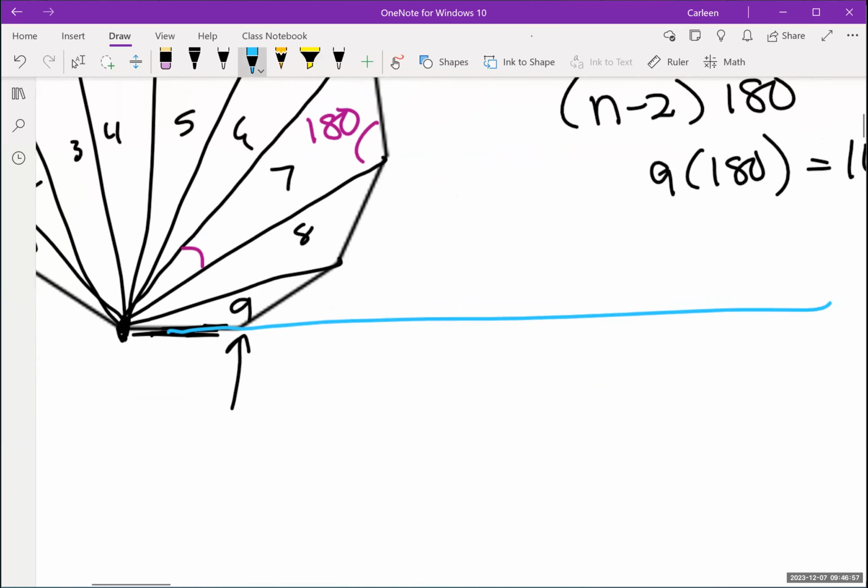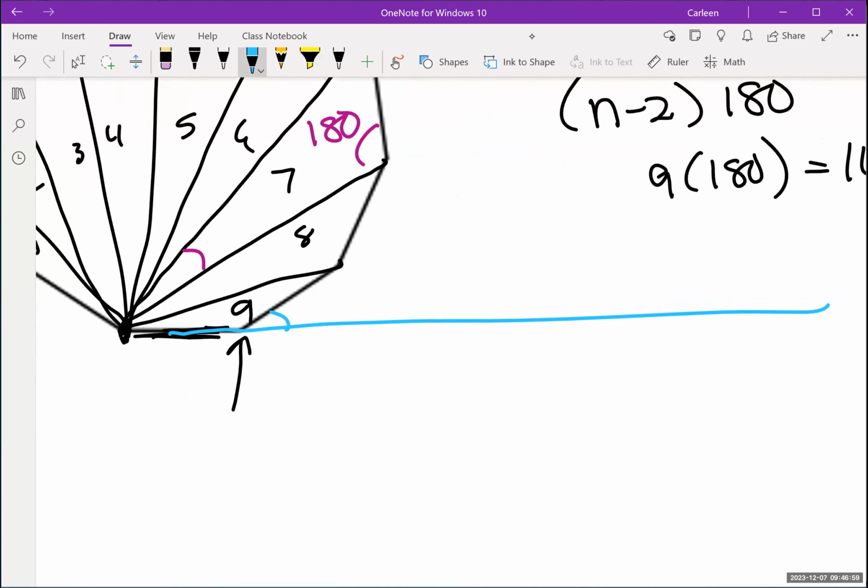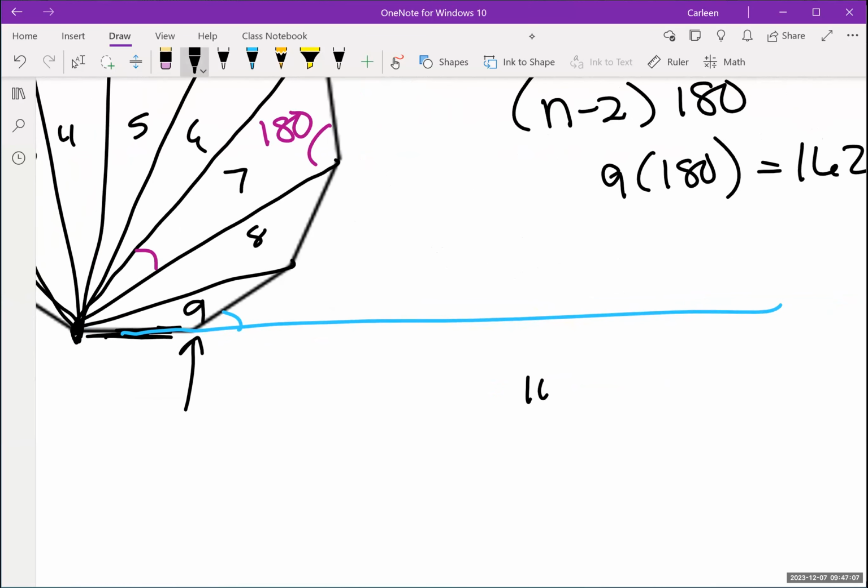Let's take a look at this. Do you see how the bigger the sides, the smaller it's going to get? Now, if it's 1620, don't worry about this right now. This is just for your enjoyment. Divide it by 11. 1620 divided by 11, each one is 147.27, 272727.